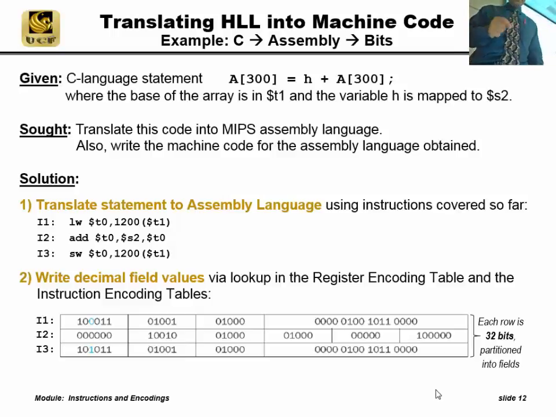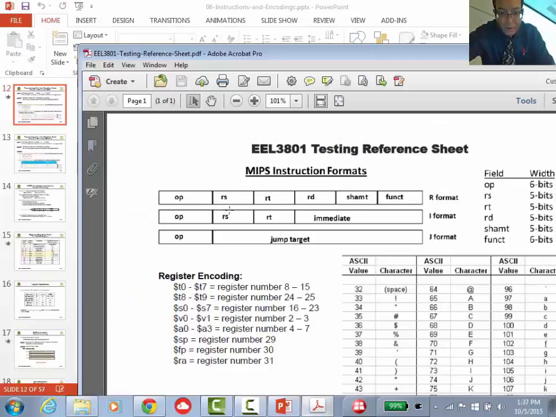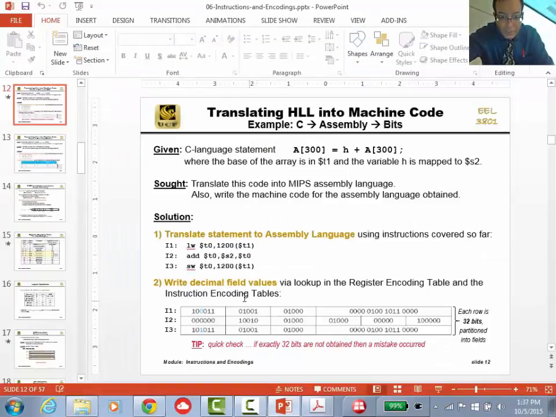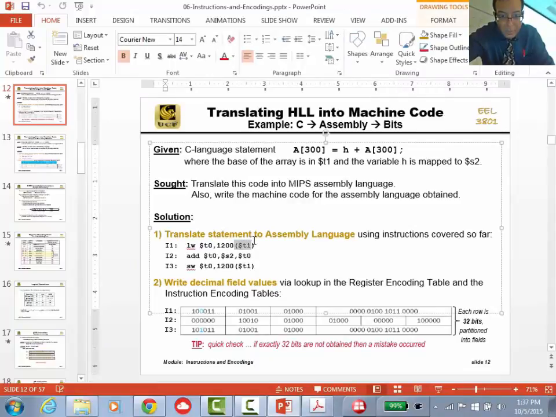It depends on the instruction. For LW, okay, what is our format? Sorry to go back to the sheet, but I'll go back to the sheet. It is RS and then RT. So we see here that this is a source, right? And then, okay, so RS, RT for LW.